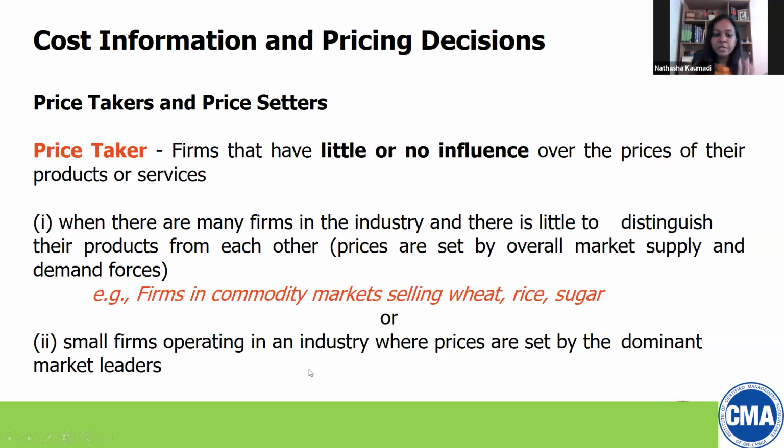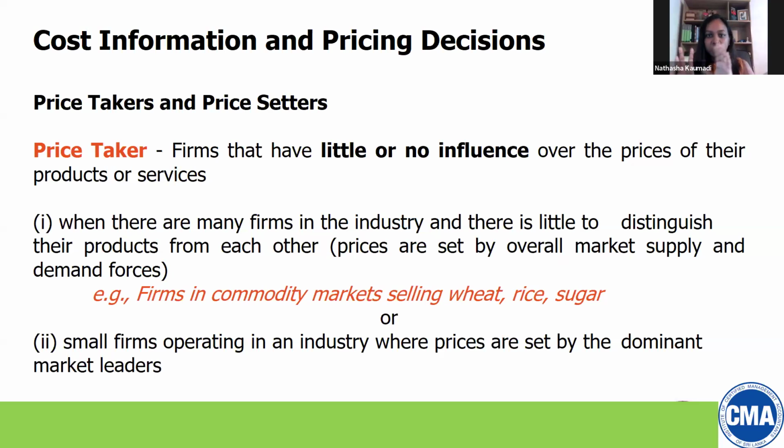Or small firms operating in an industry where prices are set by the dominant market leaders. If you are a small company, but in that industry, there's one competitor having a large market share.